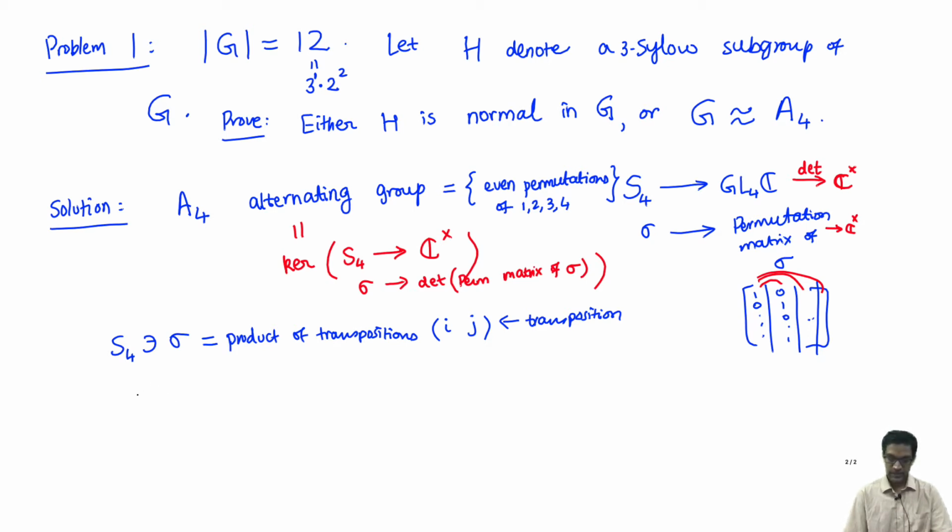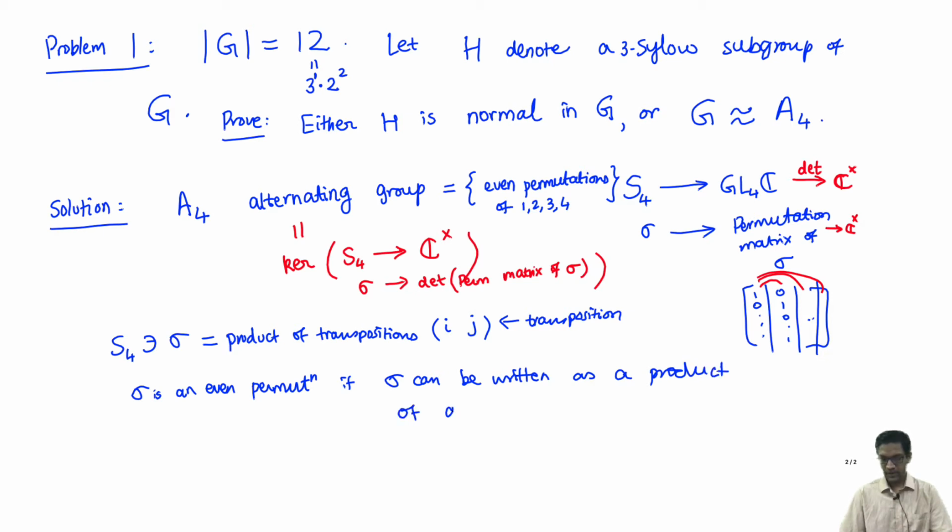Okay, so this is the definition: sigma is said to be an even permutation if sigma can be written as a product of an even number of transpositions.